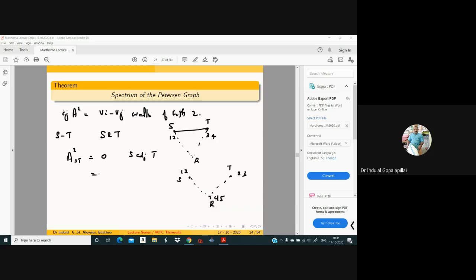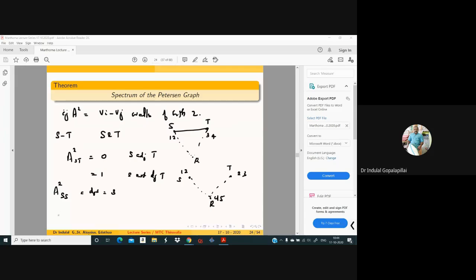So this is equal to 1 if S is not adjacent to T. So we have counted the number of ST walks of length 2, and we also noticed that the SSth entry of A square is the total number of SS walks of length 2, and SS walks of length 2 is the degree of S. That is the degree of S, and that is 3.